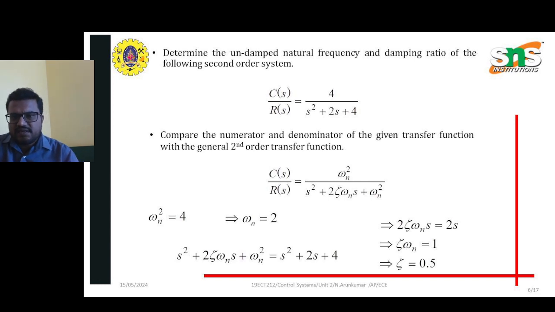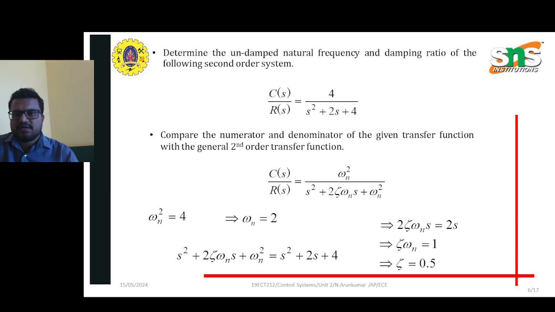Next, as per the characteristic equation, the term 2 delta omega n s is equal to 2s. So delta omega n equals 1, because the s term cancels. We already know that omega n equals 2, so delta is 1 by 2, which equals 0.5.